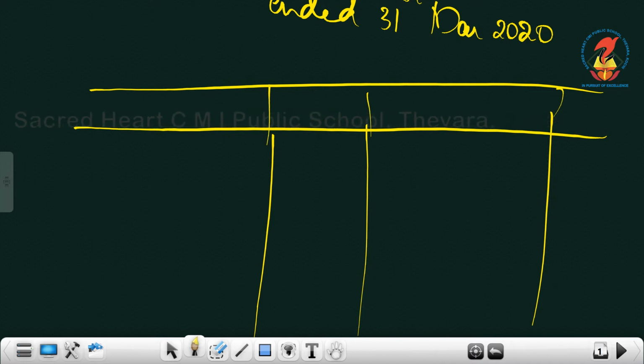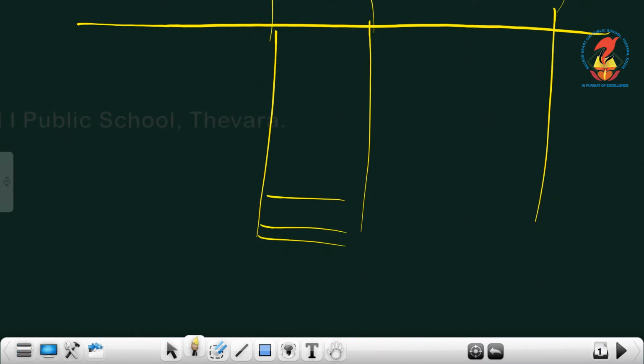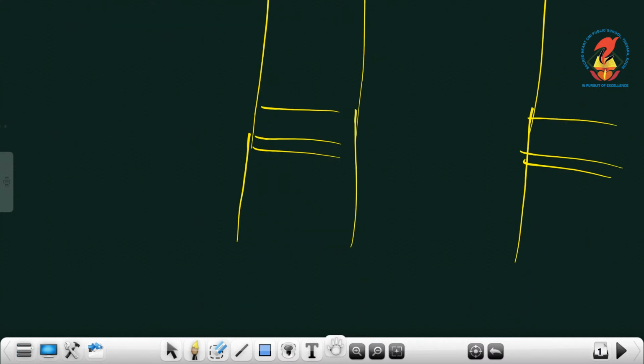When you start with the P&L, no need to draw the format again, just continue the same. Trading you must complete. Now the P&L I will start. Do we have a gross profit? Yes, so with that gross profit I will start the P&L account.